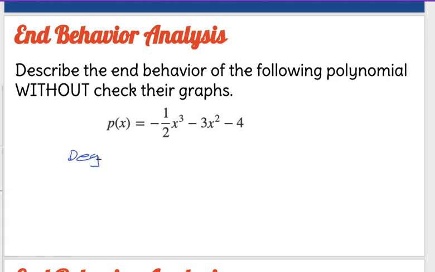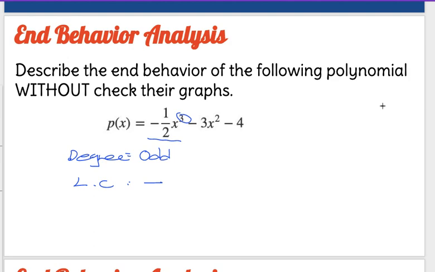The first is the degree, and the second is the leading coefficient. For the degree, which is the highest exponent, it is 3, which is odd. And the leading coefficient, which is the number in front of the highest exponent, is negative. So these two pieces of information will help us know how the graph looks.